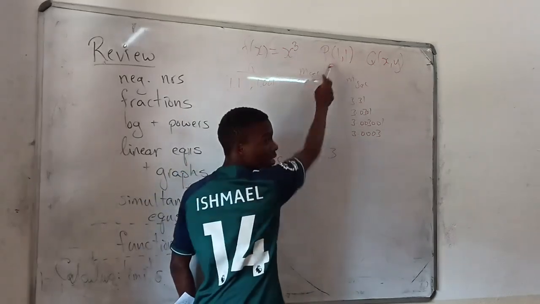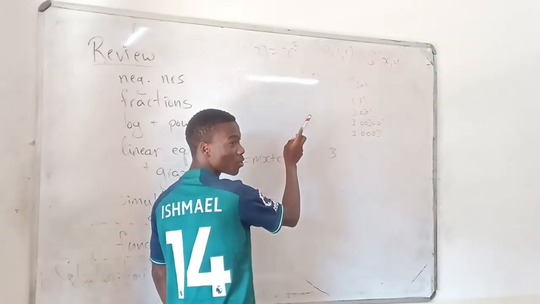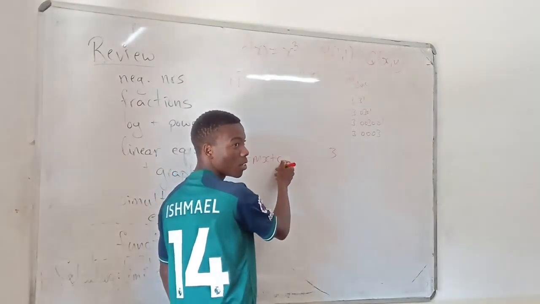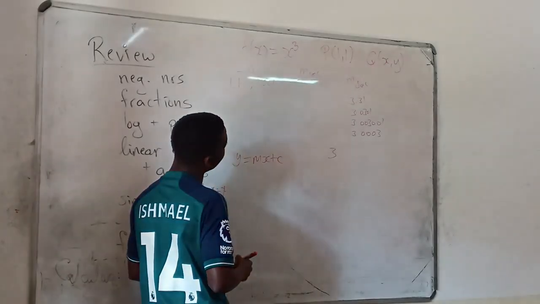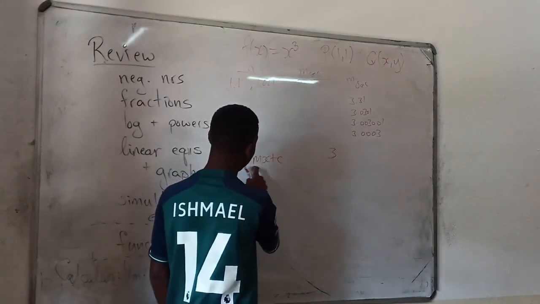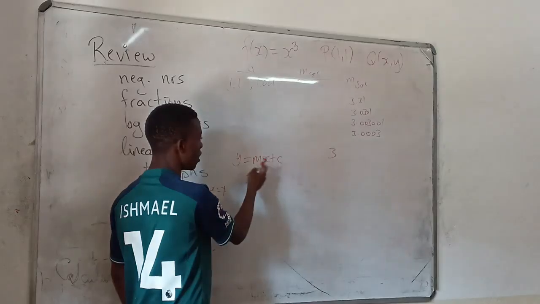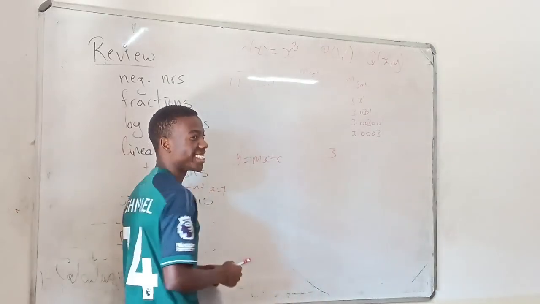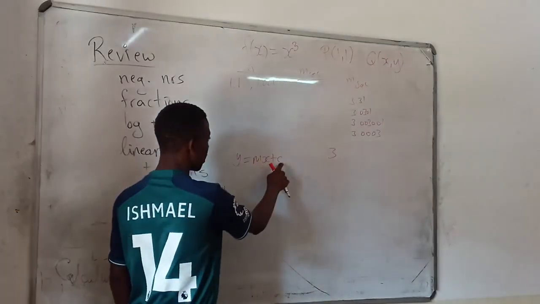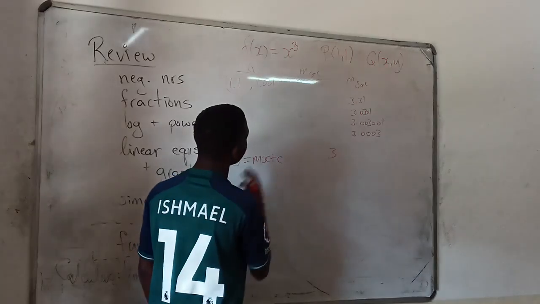This one is our slope. And this one the y-intercept. So, reaching this point, we have found the values of all these. So what is needed is to find the y-intercept. So we just substitute the values into this equation.